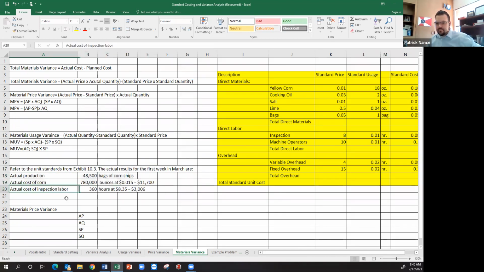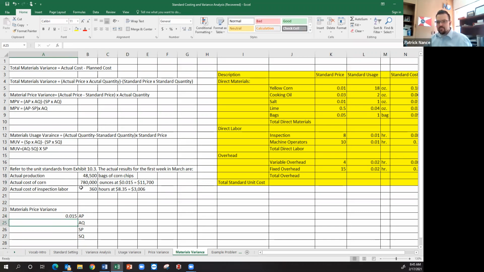My actual price for my corn, my actual price per ounce of corn, is 0.015.